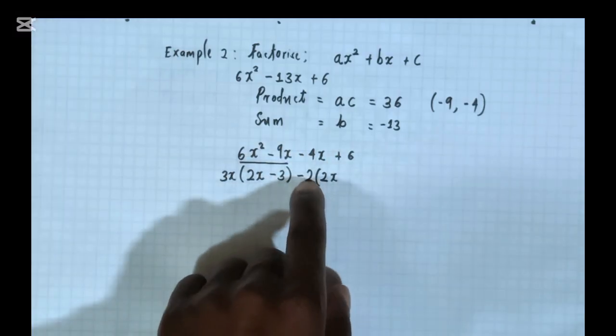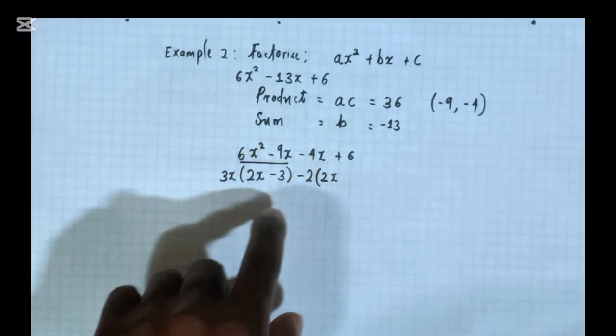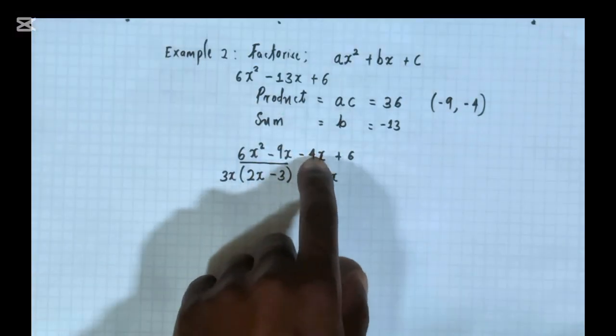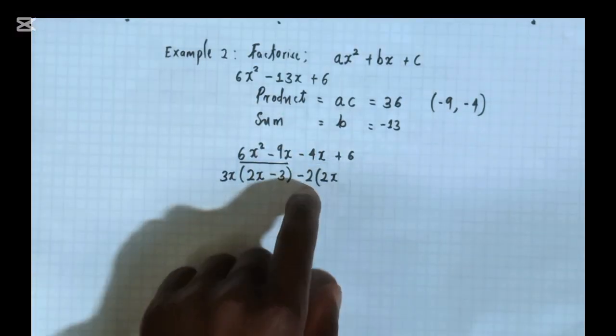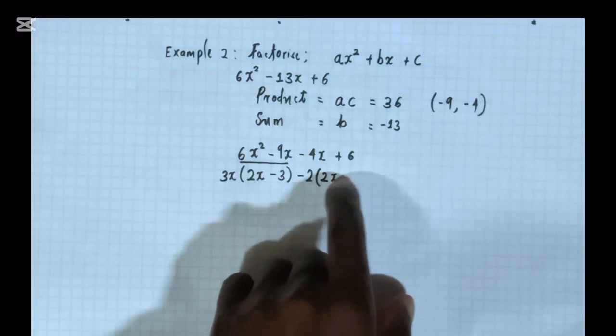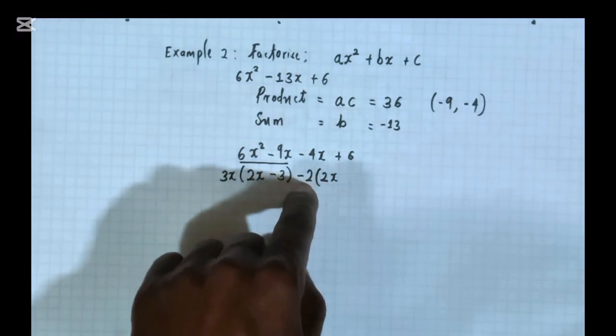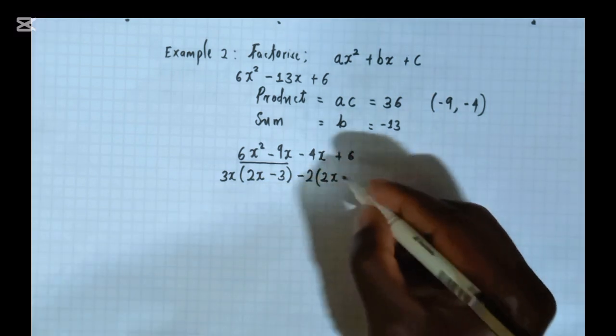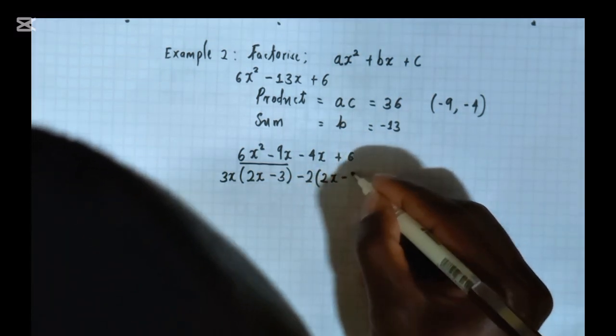When you multiply negative 2 times 2x, it gives you negative 4x. Then 6 divided by negative 2 will give you negative 3.